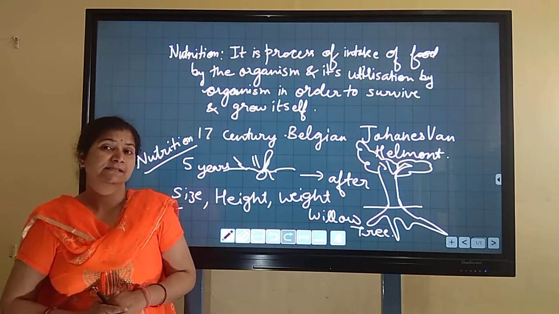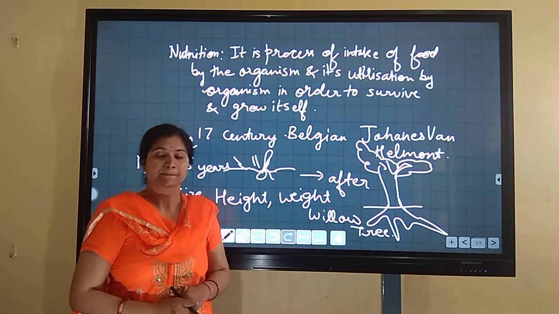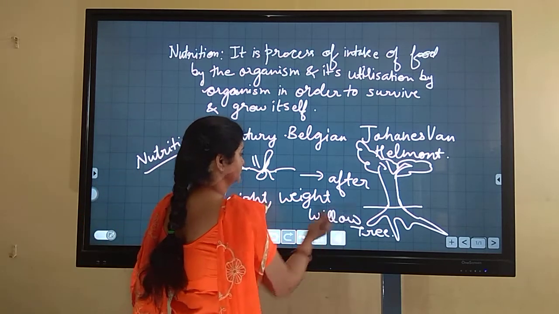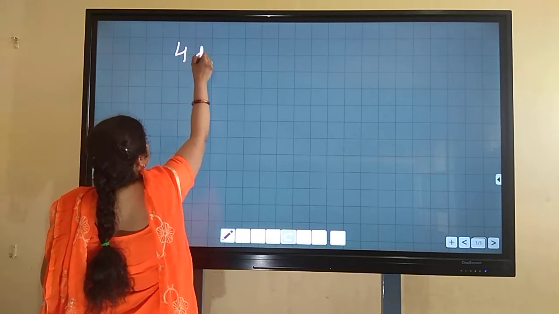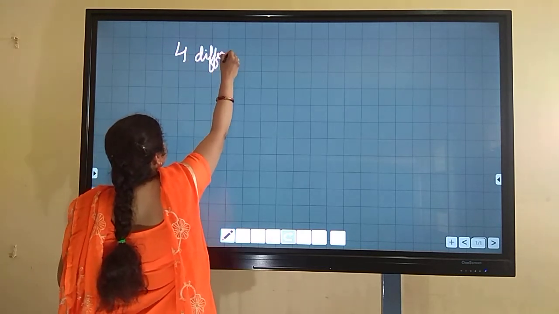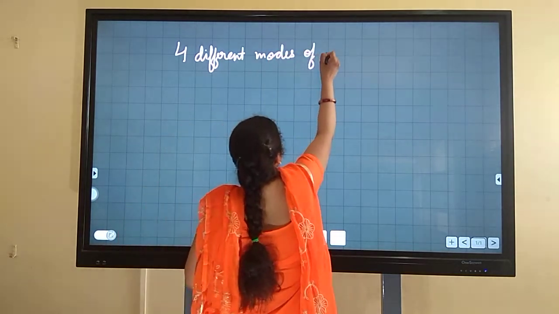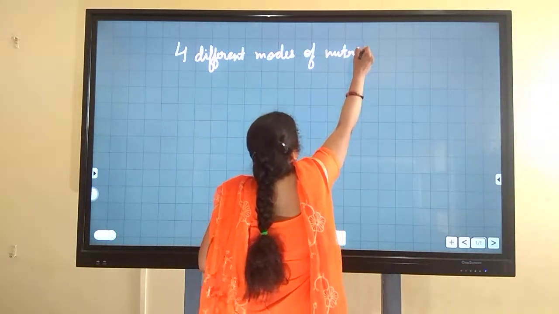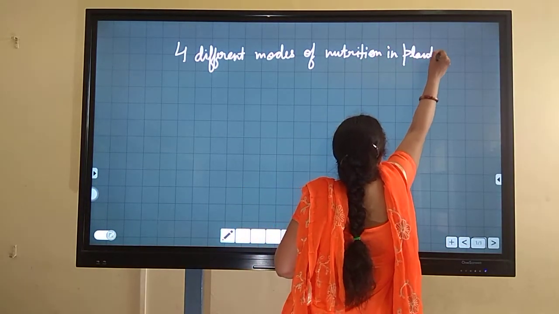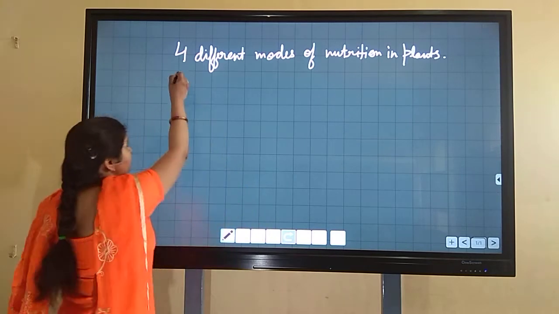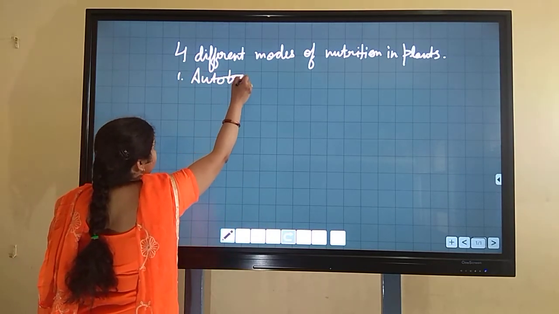Now we will be discussing 4 different modes of nutrition in plants. Number 1 is autotrophic.